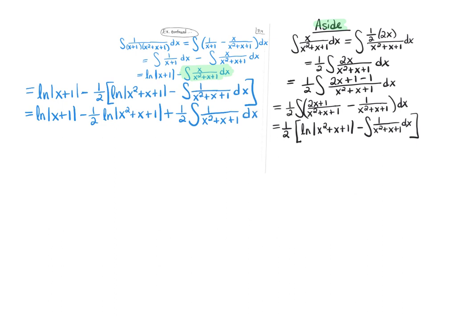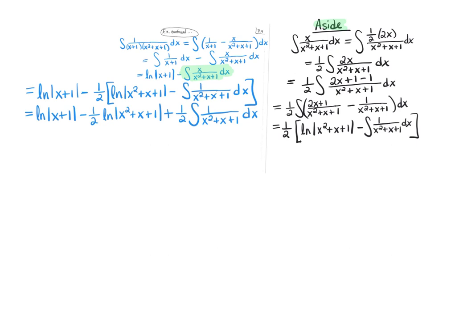Okay, so we're almost there. Now the question is, what is 1/2 times the integral of 1 over x squared plus x plus 1 dx? So the question is, what is the antiderivative of that integral?